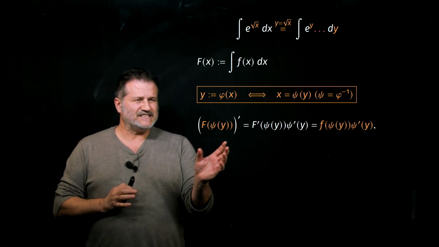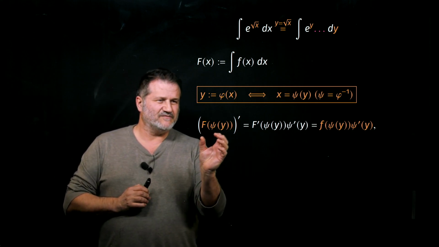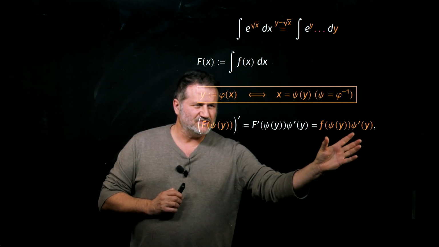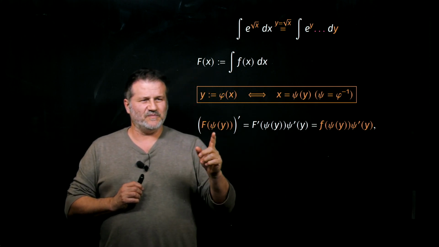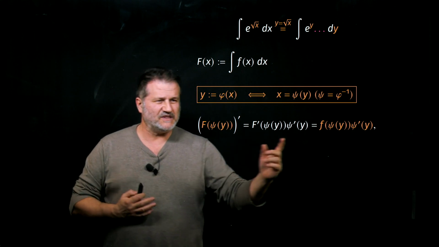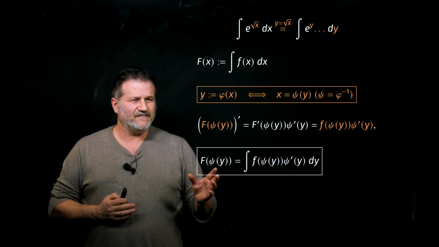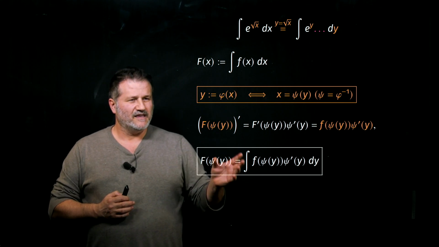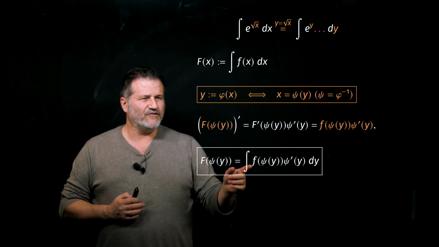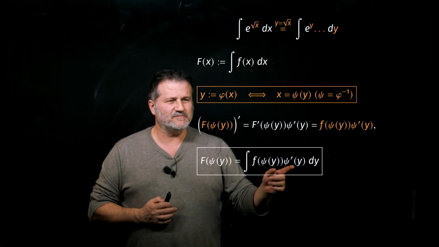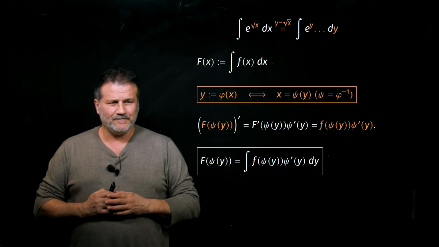Now, this relation says that the derivative of this function, with respect to y, is equal to this function here. So, in particular, this is one of the primitives of this function. In symbols, this means that F at psi of y is equal to a primitive of little f at psi of y times psi prime of y in the variable y.